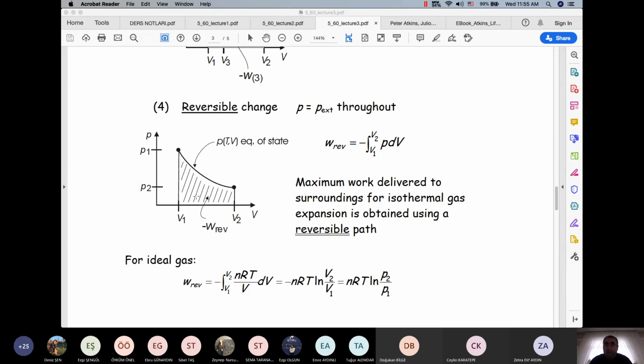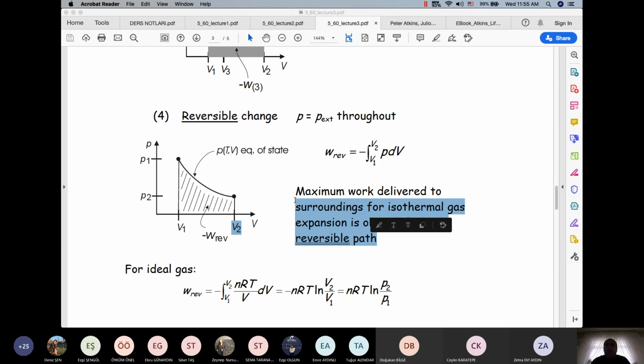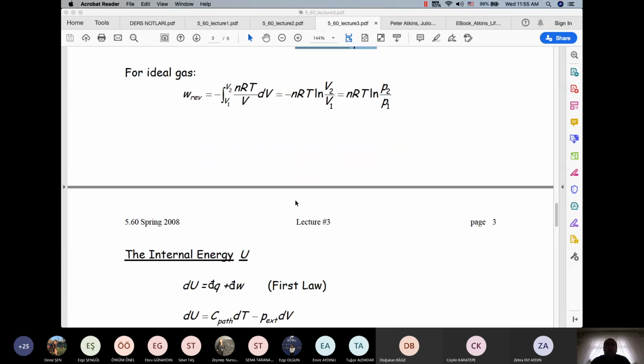So the work that I get over here is what's called maximum work. Maximum work delivered to the surroundings for isothermal gas expansion is obtained using a reversible path. This is the reversible path.